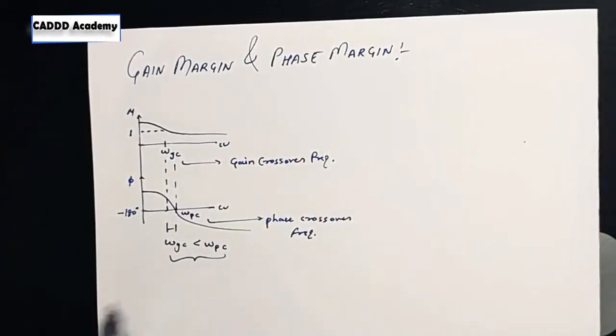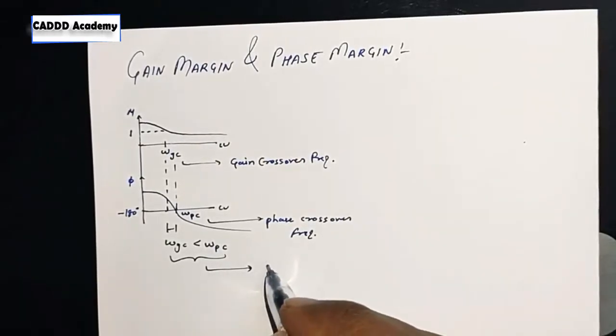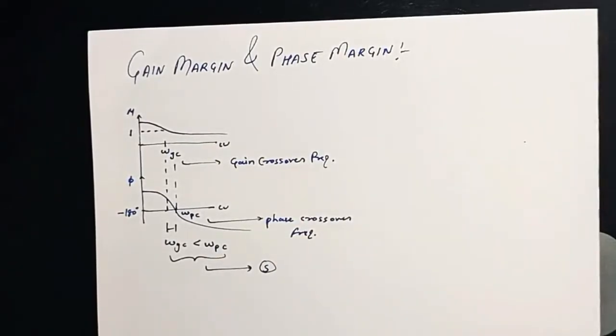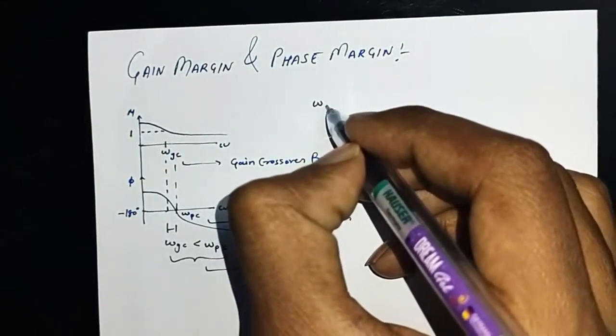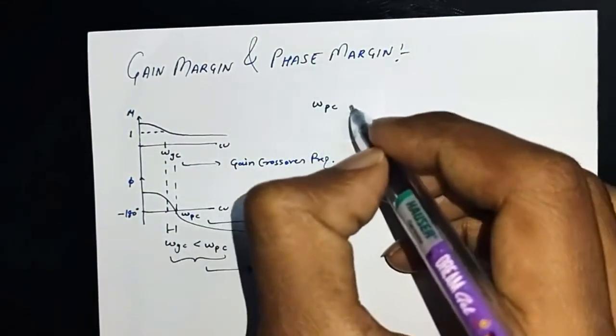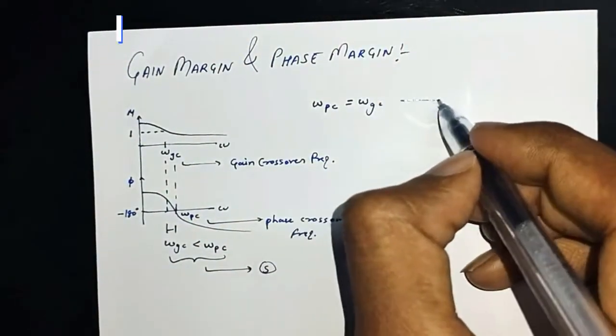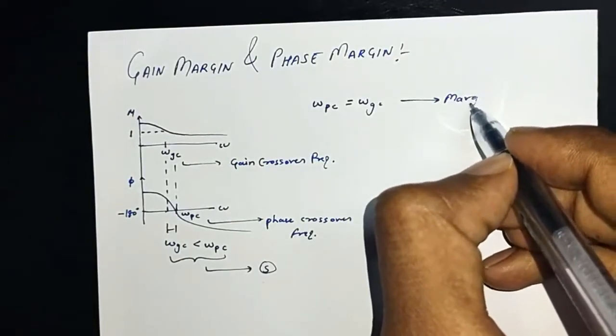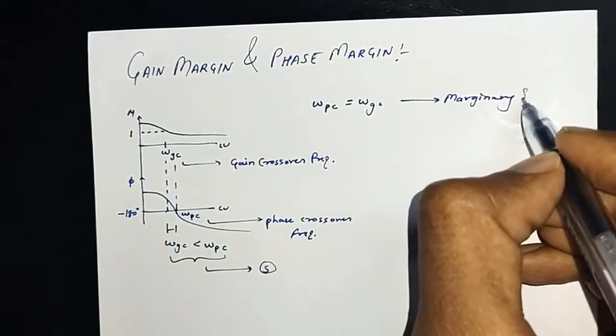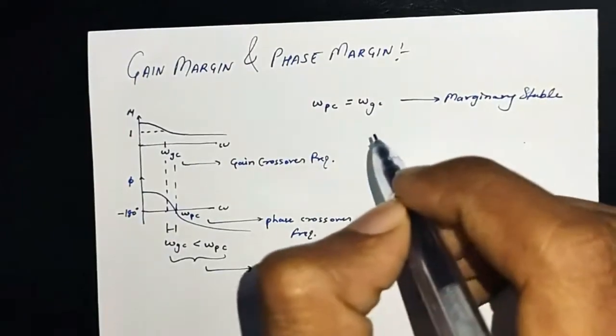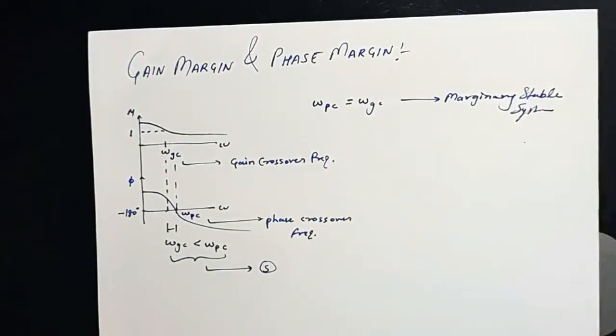This is the condition for stability. Wherever the gain crossover frequency is less than the phase crossover frequency, that system is called a stable system. When omega PC and omega GC both are equal, that system is called a marginally stable system.